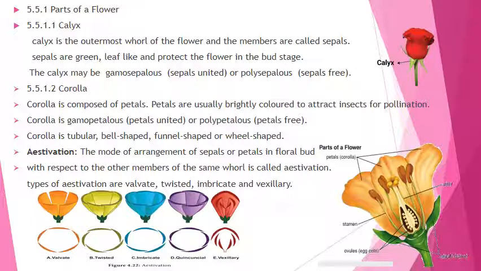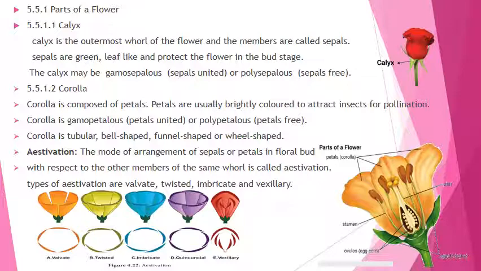The diagrams are shown where the orange one is valvate type, the yellowish green one is twisted, the bluish one is imbricate, and the last one is vexillary type, and this other one is indigo color.